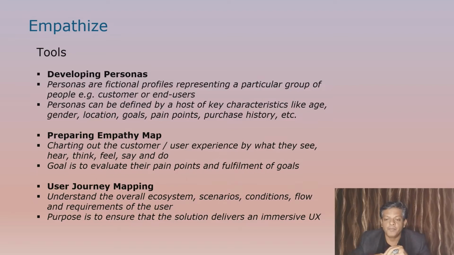If you look at it from the marketing point of view, it could be attention, interaction, or if you look at it from a particular product point of view, it could involve onboarding the user, the entire journey that the user has with your product. That is what user journey mapping is.